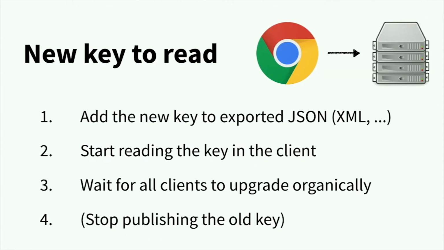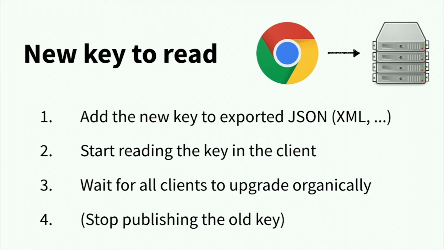And because the most common client-server relationship is between browser and our application, you can also apply the same principles there. So when you are adding a new key to be used by your clients, in the first step, you add the new key to the exported JSON or XML or whatever format you are using.